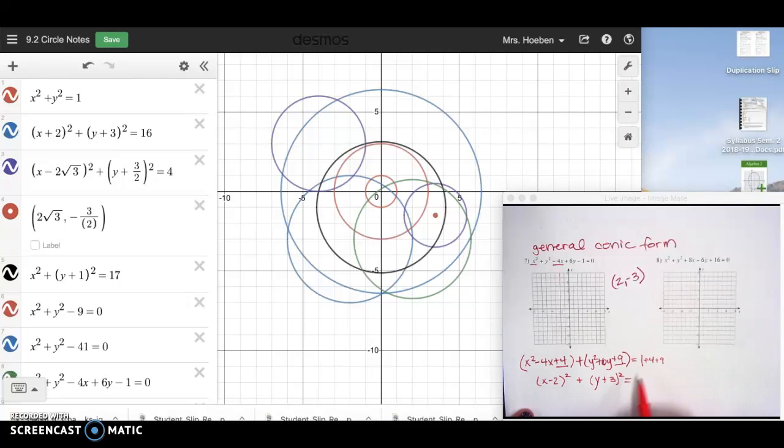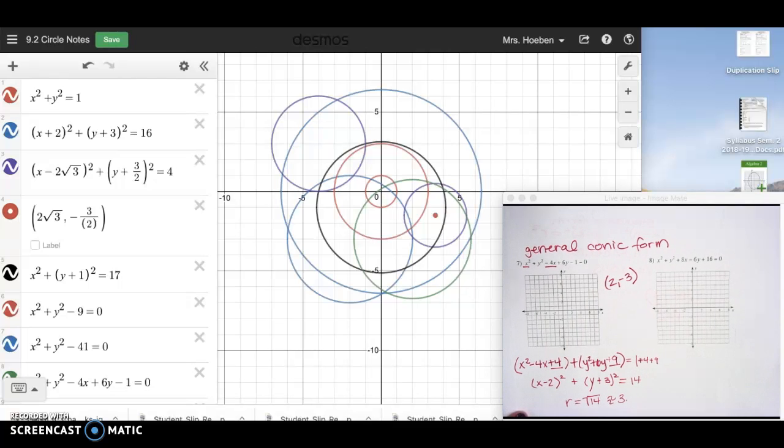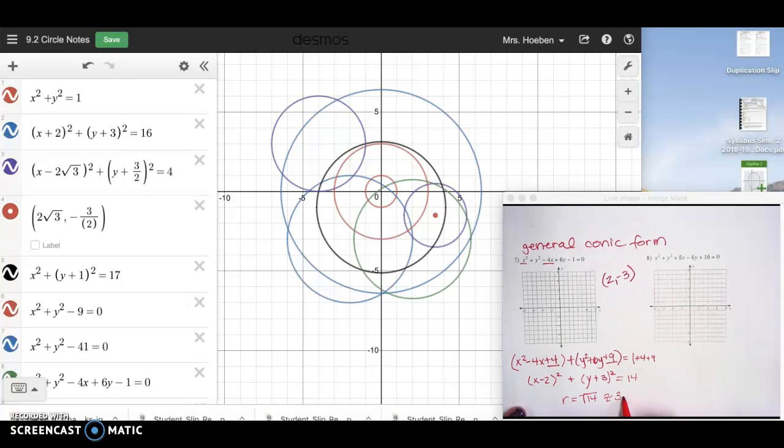And then on the right side, 1 plus 4 plus 9 is what? 14. So the radius is going to be the square root of 14. It should have been something like, what would that be? A little less than 4, so like 3.8-ish, 3.7-ish in there. You got 3.75-ish? Okay, that sounds about right. 3-point-something-ish.